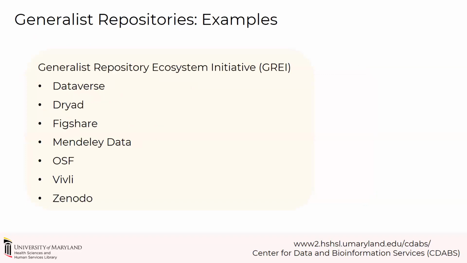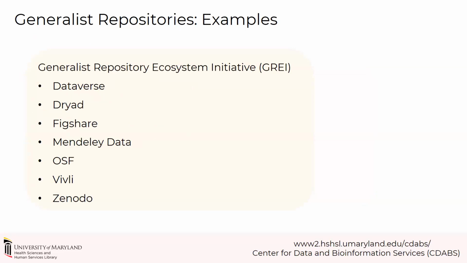If there doesn't seem to be a domain-specific repository for you, then you might want to look at a generalist repository. And these will, again, usually accept most data types and subjects. The repositories on this slide are part of NIH's Generalist Repository Ecosystem Initiative, which is aiming to develop some common standards around generalist repositories.